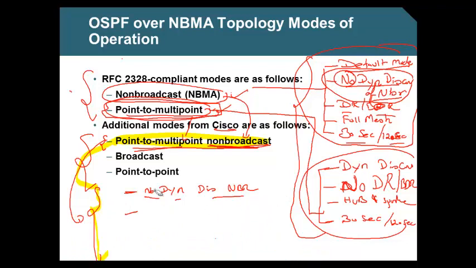Next. The best of the point to multi-point is no DR BDR. That's a very good point. No DR BDR. As a result, this can be supported. This can be used even in hub and spoke, which means it can be supported anywhere. Full mesh, hub and spoke, anywhere.